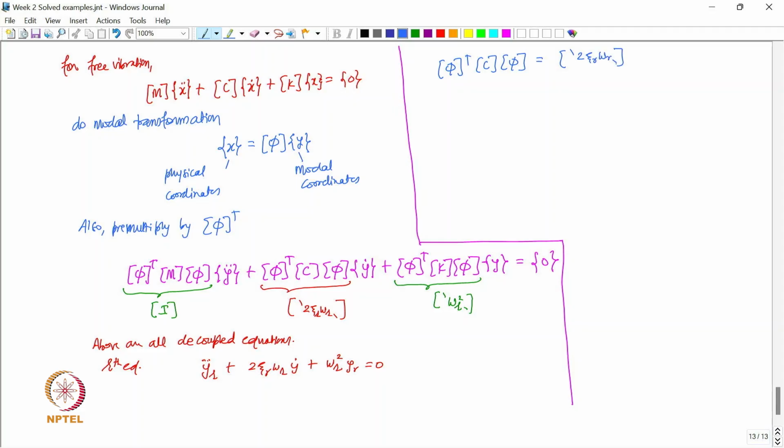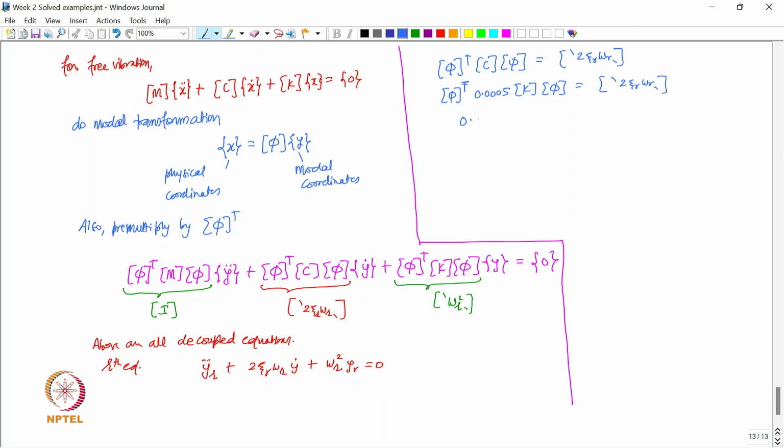We are writing it in this form, and now we substitute here the damping matrix which we have got, the constant of proportionality was 0.0005 times k phi is equal to 2 zeta r omega r, correct.